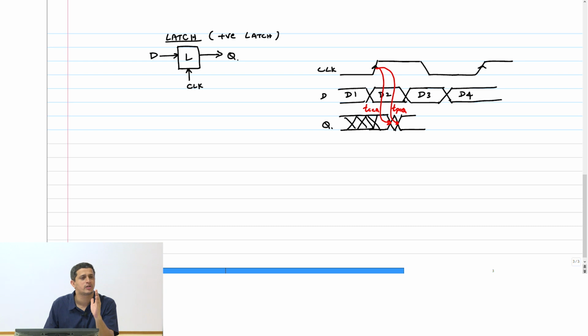Now there is a transition from D2 to D3 after the clock has gone high. What should happen to that data? It has to go through. So this is D2, right? This change is now triggered by what?